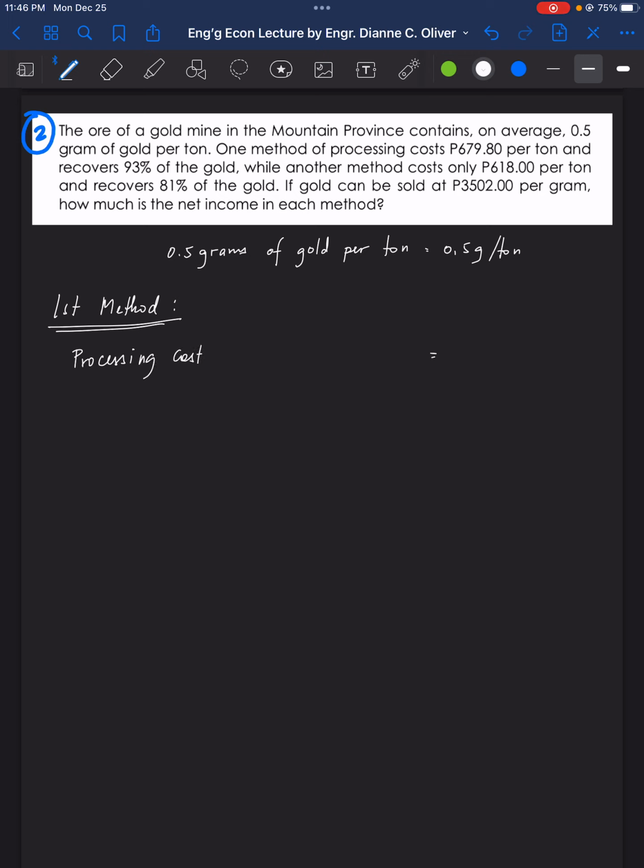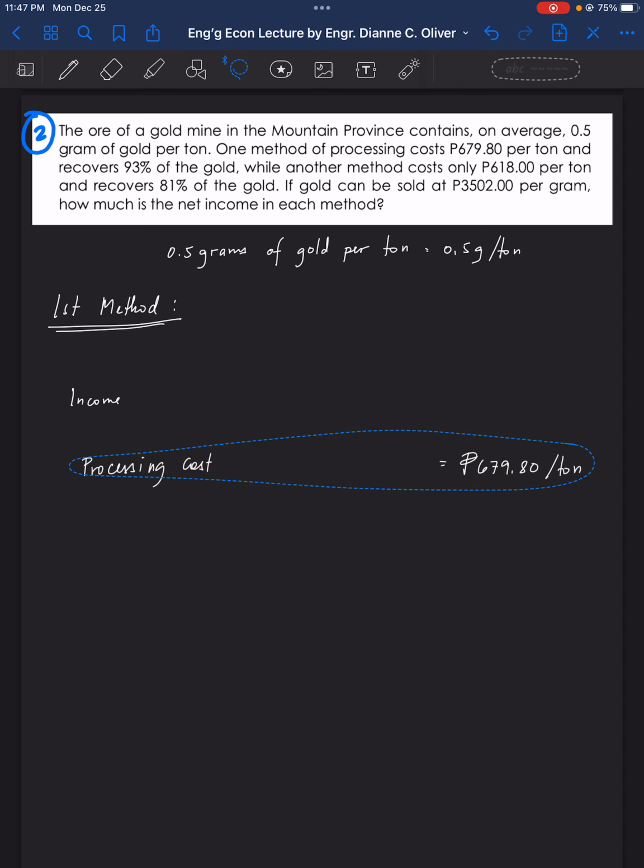That's already 679.80. That is in per ton. And then for the income, it says here, or I think we should put it here. Let's have the income first.